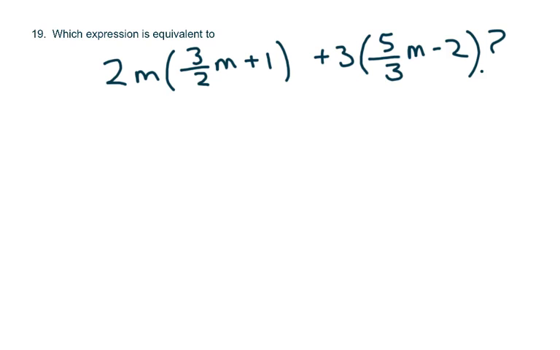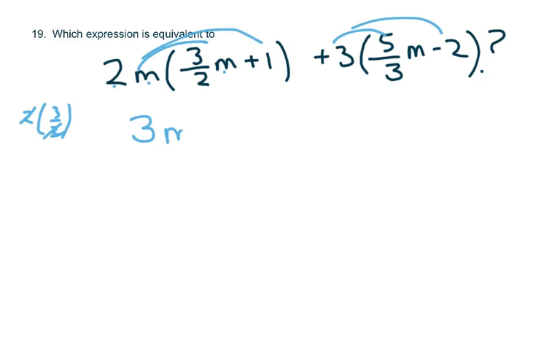All right, this one, you're just going to distribute and simplify. So if I multiply 2 times 3 halves, the 2's cancel and I get 3. m times m is m squared. Then I multiply 2m times 1, you get 2m.